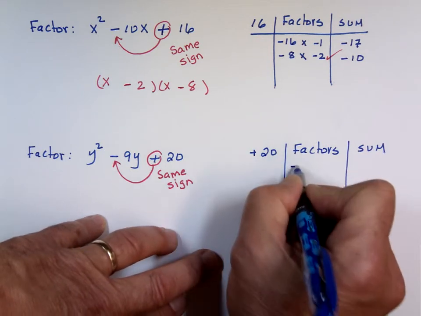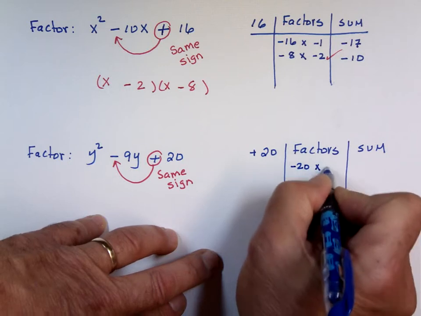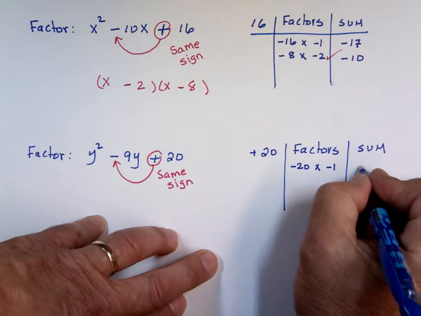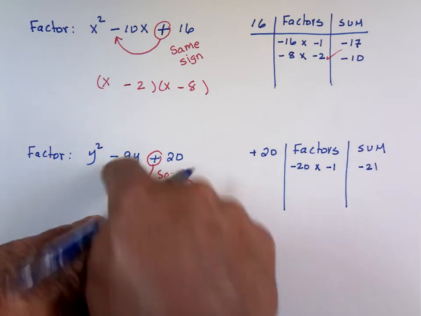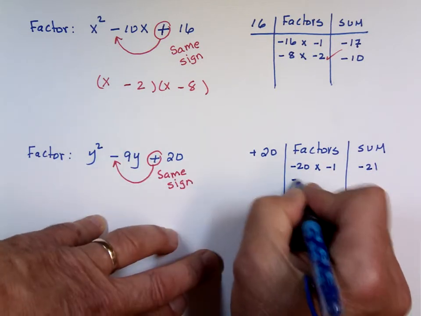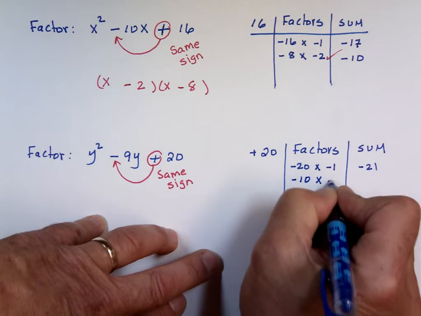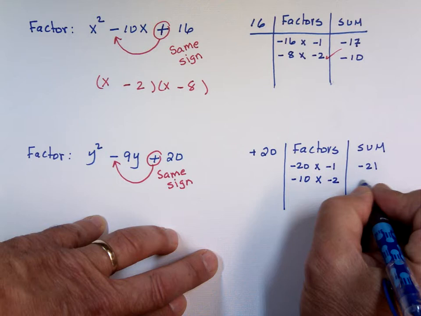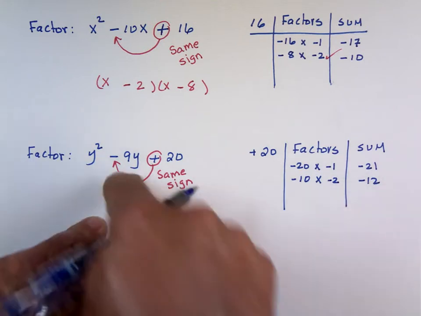Could be negative 20 times a negative 1. That's a plus 20. That'll give me negative 21. Nope. Could be negative 10 times a negative 2. That's a plus 20. But when you add them, that's a negative 12. Not good.